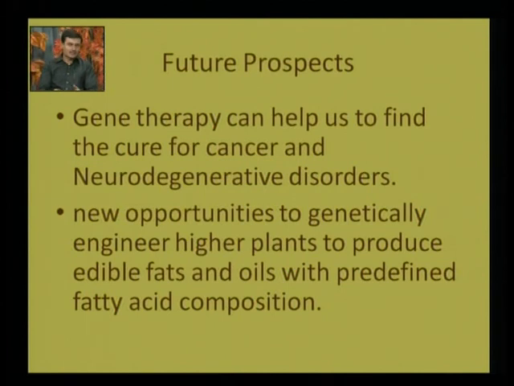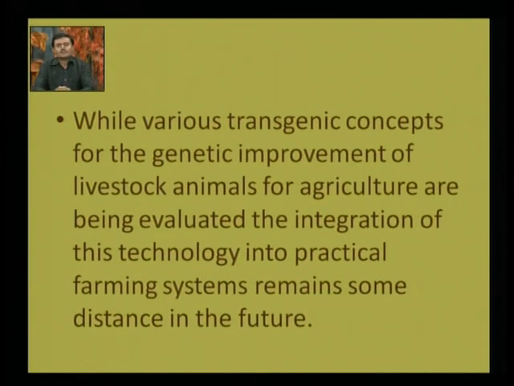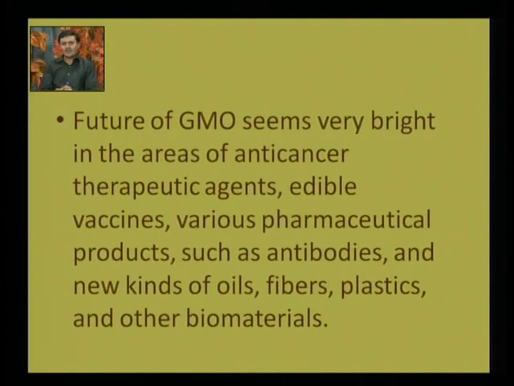There are also vaccines, as we have discussed earlier, and golden rice, which is vitamin A rich. As for transgenic concepts for the genetic improvement of livestock or agriculture, the integration of this technology into practical farming systems remains some distance in the future. It is not as easy as we are discussing on paper.